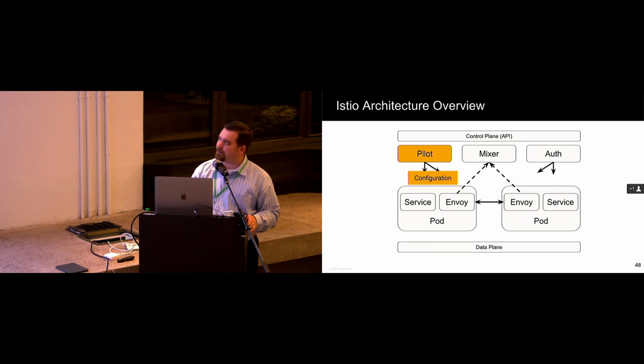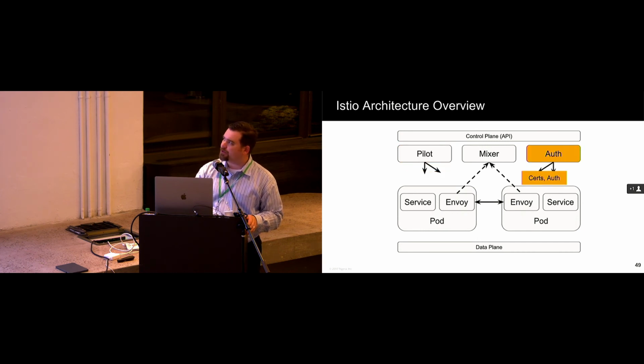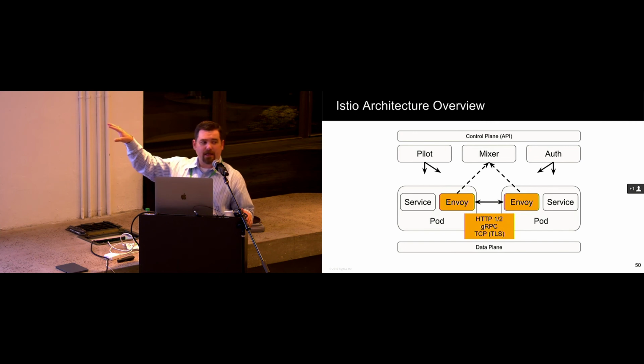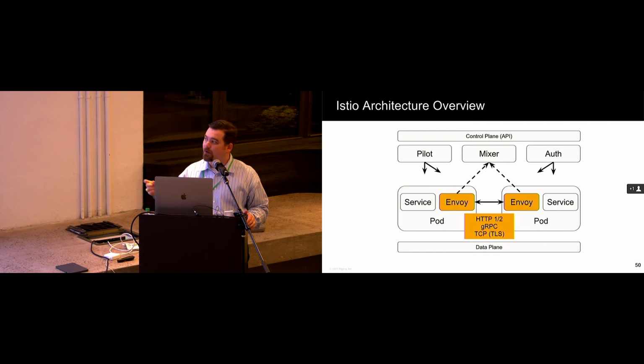So I mentioned that Pilot sends configuration, auth handles certs, and Mixer handles all the computation. And then down below, since Envoy is sitting inside of the pod, remember we talked about network namespaces, and we got into the weeds of how containers implement their network interfaces. Inside that network namespace are the same primitives that you would find in the root namespace, like access control lists, forwarding information bases, things that iptables can manipulate, for example.